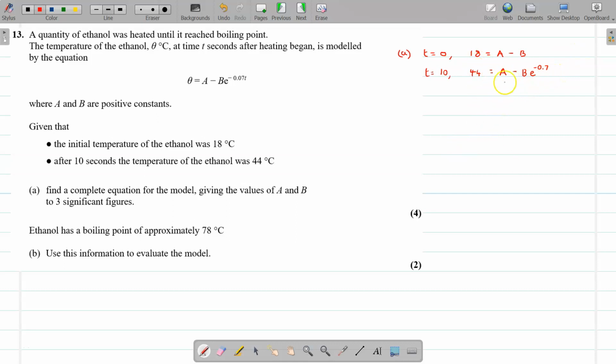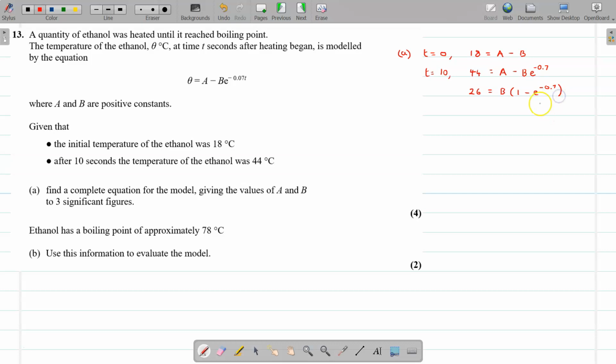If I just subtract the two equations from each other, I'm going to get 26. The a's will go, and that will leave me with b times 1 minus e to the power of negative 0.7.